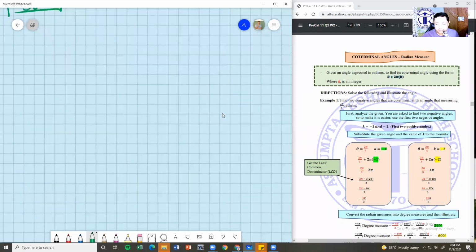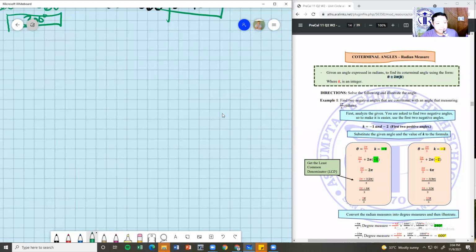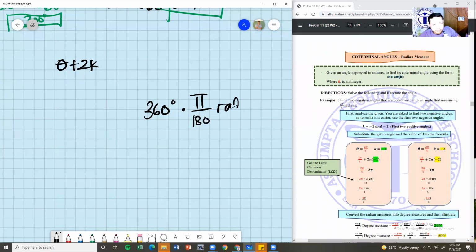If the coterminals are radian measures, the formula will be theta plus 2 pi k. 2 pi because 360 degrees, when you convert it to radians, times pi over 180 rad, is equal to 2 pi rad.